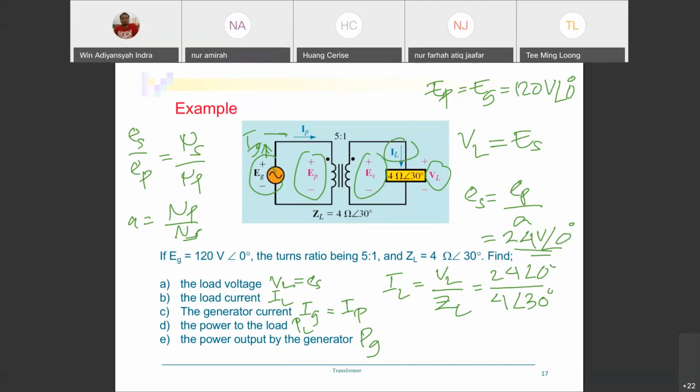So what is the answer? 24 divided by 4 is 6. Regarding the degree here, if it's division, you have to subtract: 0 degree minus 30 degree, it will be minus 30 degree. Ampere. The current is in ampere.